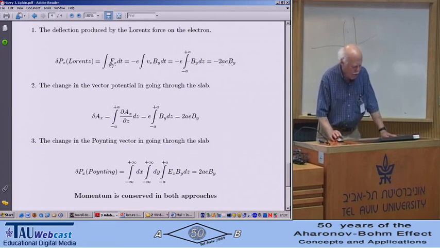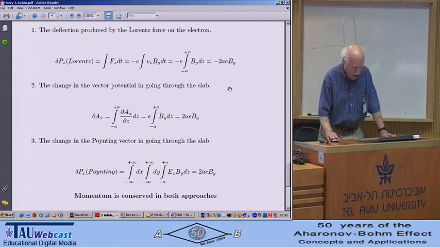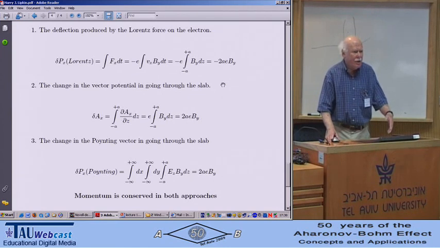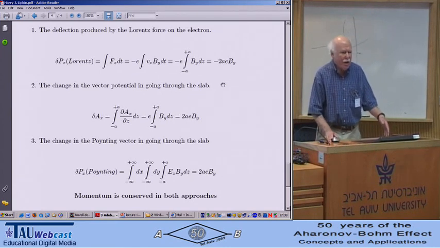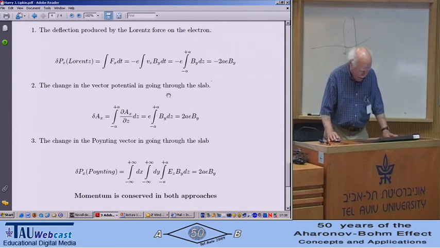If you now take the change in the vector potential going through the slab, you do the same kind of integral, and you get the same answer, with the opposite sign. I know that they have to be opposite sign, but if I've made mistakes in signs in this calculation, I made an even number, and I get the right answer.